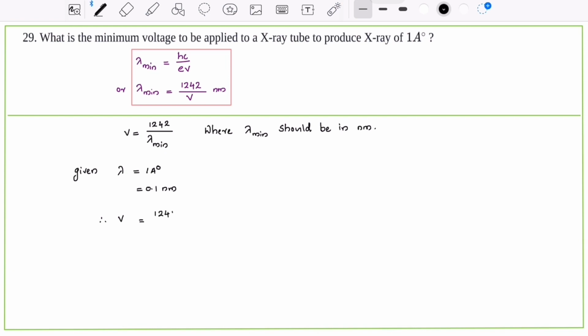Therefore the minimum voltage is 1242 by 0.1 volt, and this is equal to 12420 volt, or we can say V is equal to 12.42 kilovolt.